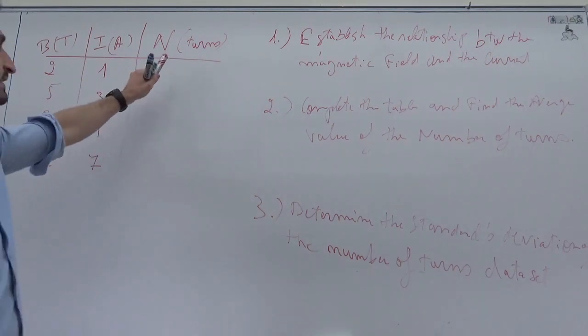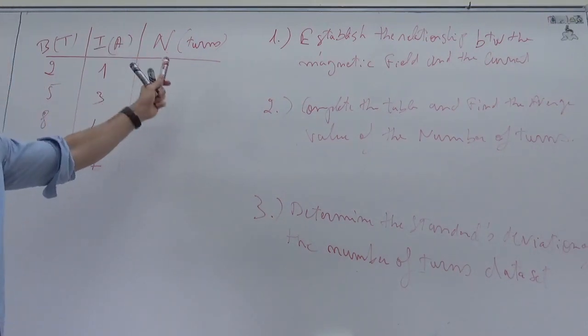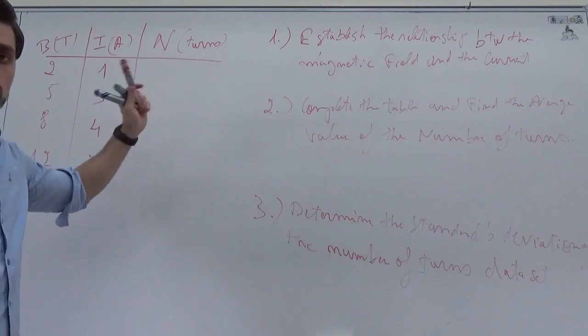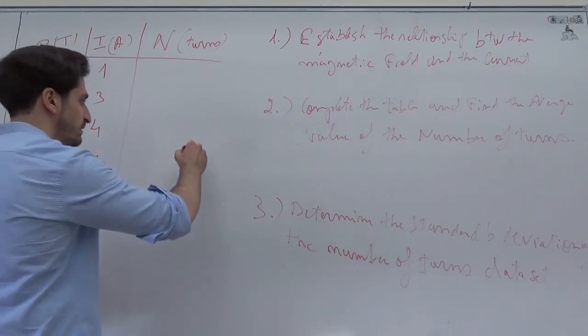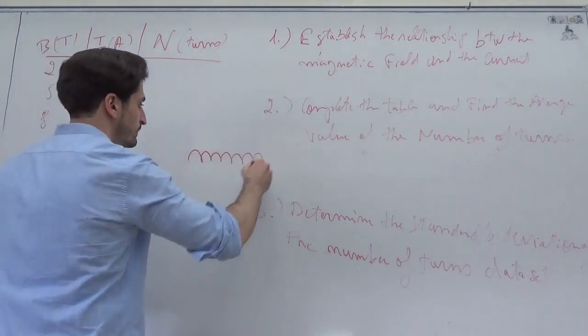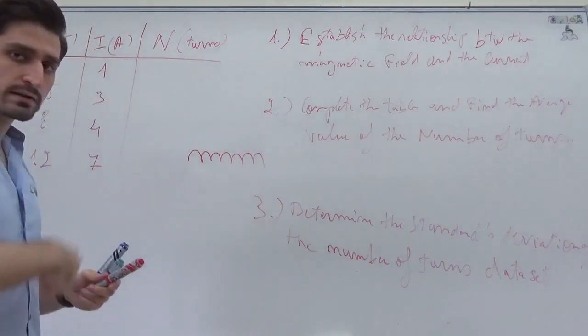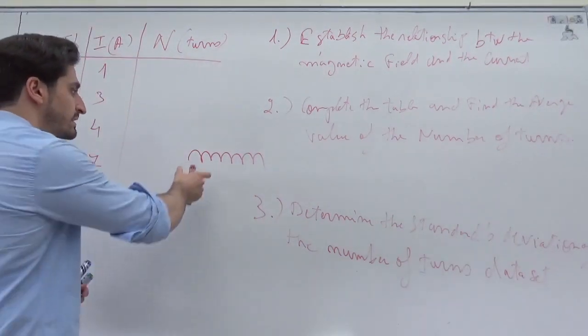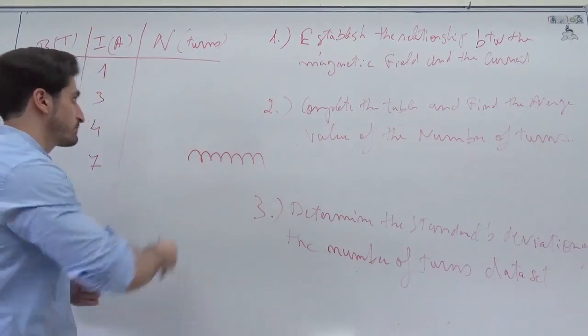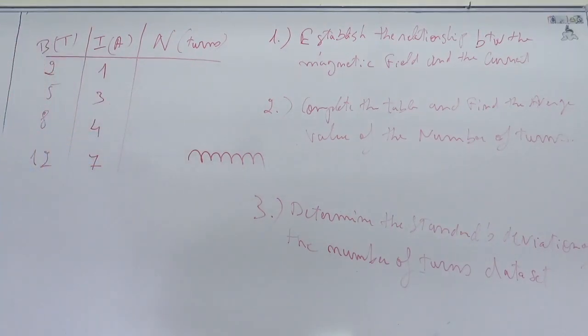Now we have a third parameter, which is an unknown, which is the number of turns of the solenoid. The shape of a solenoid is basically like that. It's basically a copper wire wrapped in many turns. So it has a certain specific number of turns, and we want to determine that number of turns.